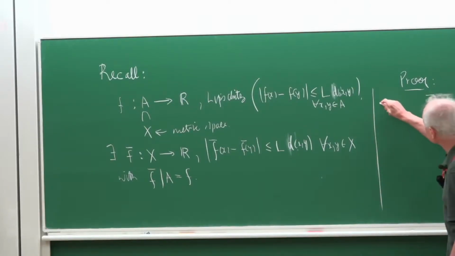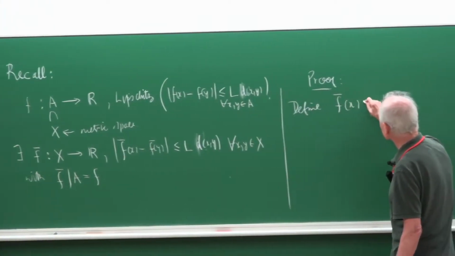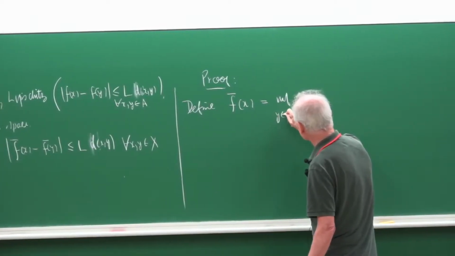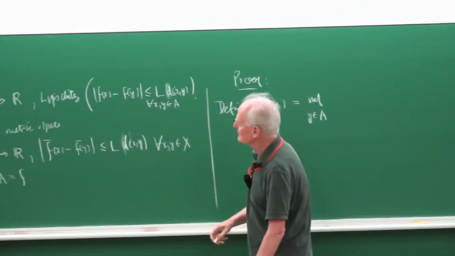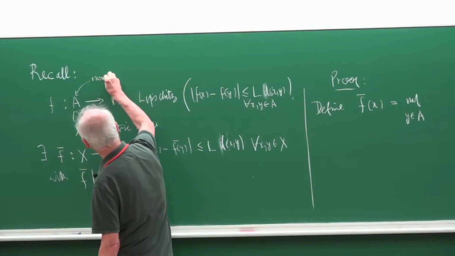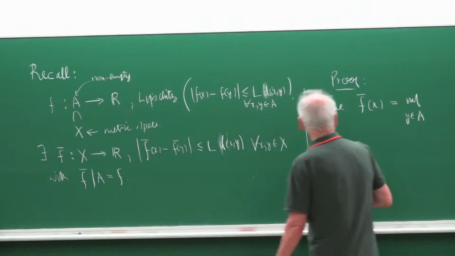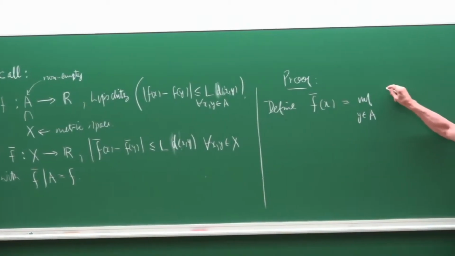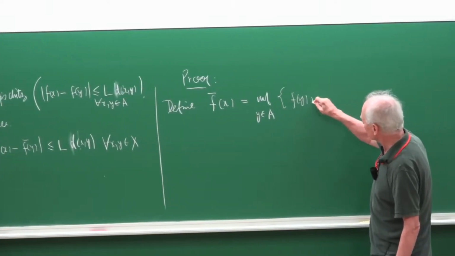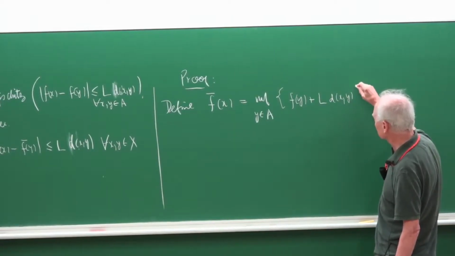So define f bar x equals the infimum over y in A. I guess I should be a bit more careful. This is a non-empty subset, otherwise it doesn't make much sense. And you take the infimum of fy plus L times the distance from x to y.